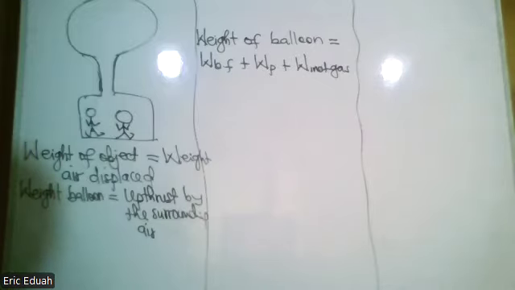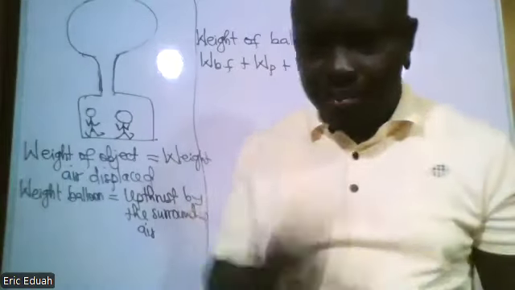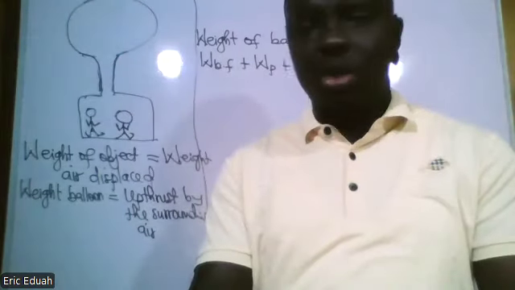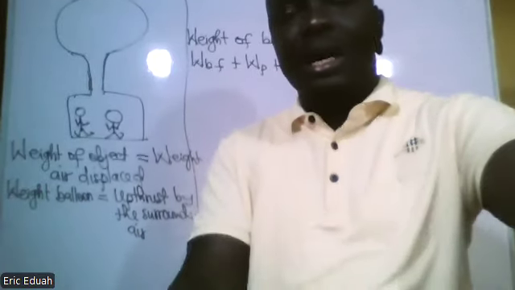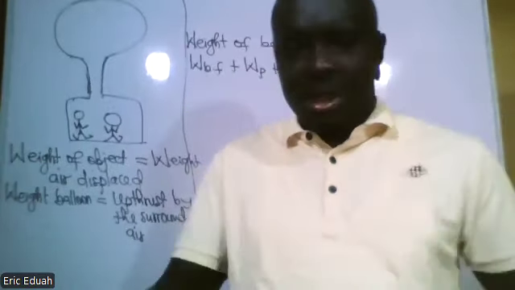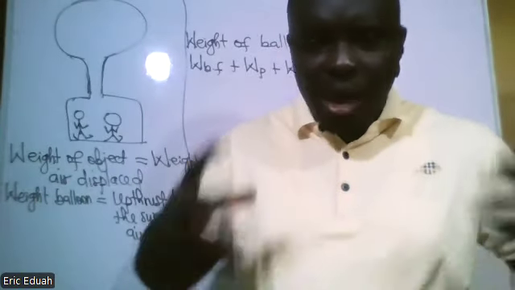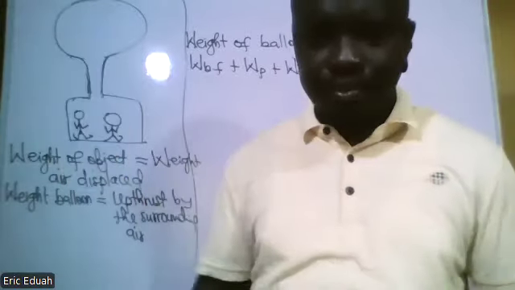Let's look at how it works. The hot air balloon is launched at windy areas. We don't launch it just anywhere. It is often launched from areas which are so windy, where the wind velocity is so high.